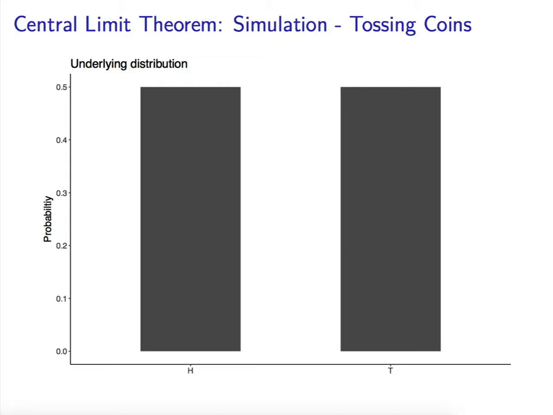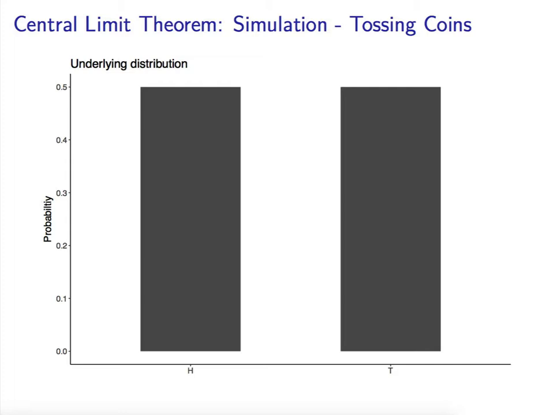According to the central limit theorem, if we toss 30 coins and measure the average number of heads, then the distribution of the mean number of heads will be normal. The probability of getting heads is 0.5, so the expected value of the mean number of heads is also going to be 0.5.